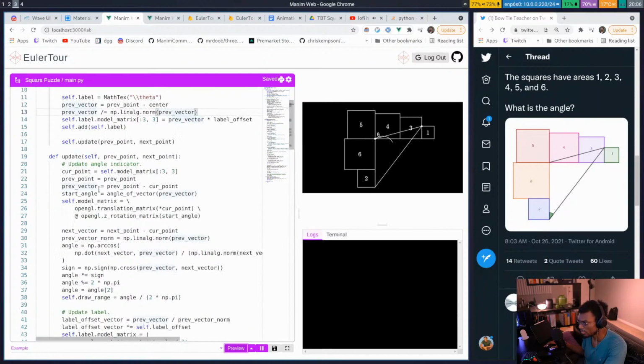Hopefully I can figure that out. Then it takes this, cur point. I'll just pass in a center. And this will be center.